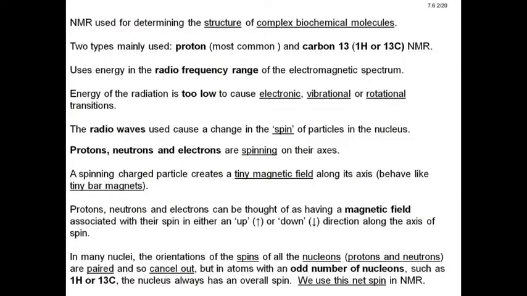Alright, let's have a look at the next slide, and we've got a lot to talk about here. So the very first thing, I'm just going to check them off as we go, and I'll explain things as we go, okay? Now, NMR is used for determining the structure of complex biochemical molecules, okay?